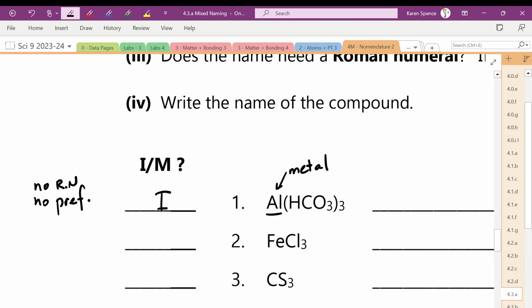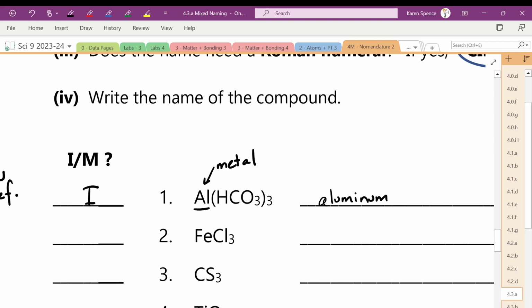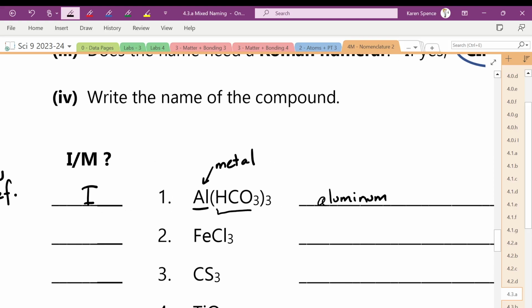You would name it aluminum. And then you would name the rest of this. What is the name of that thing? HCO3. Go look on your pink sheet or your green sheet. Bicarbonate.